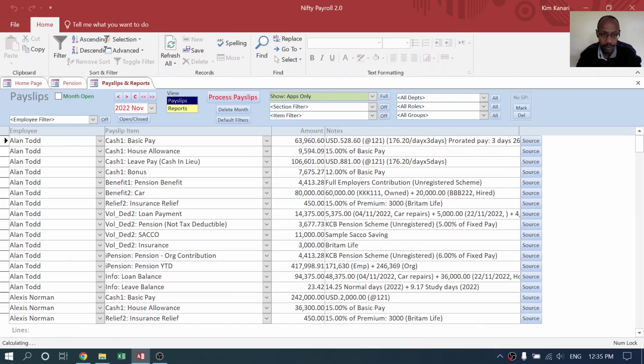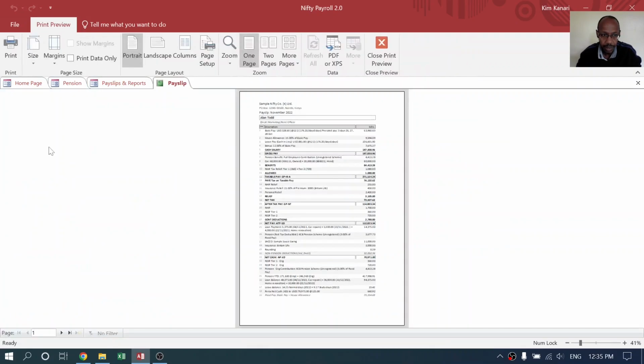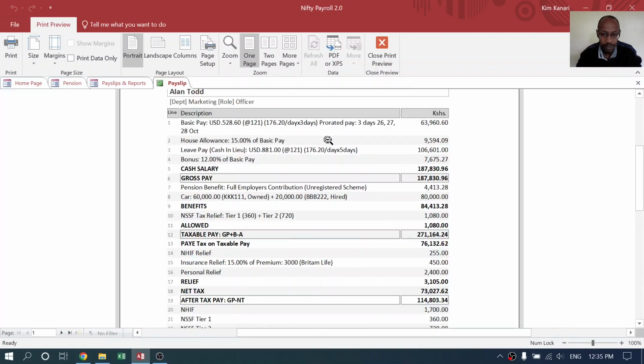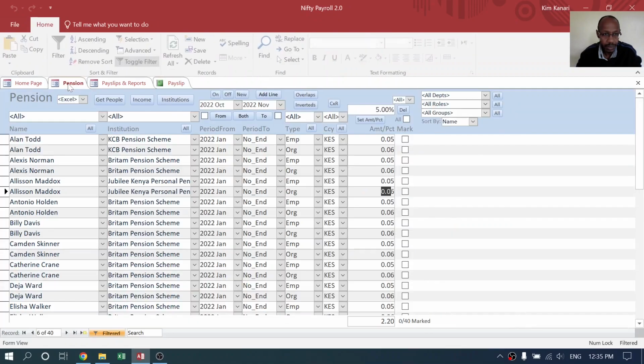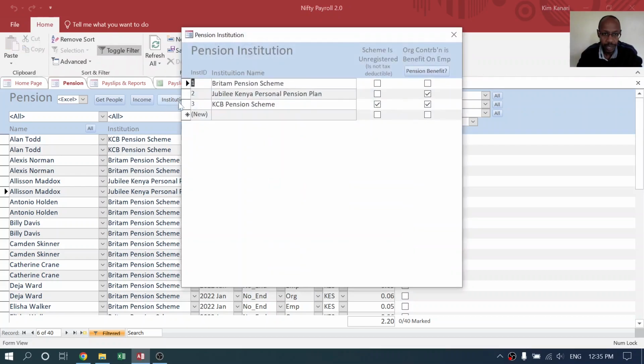We go to payslips, and we're going to look at the actual payslip so you can see how the entries go in. Now, the way the information is processed depends on what you indicate should happen for the specific institution that has been selected. So if we open the institutions, we have these 3: Britam, Jubilee, and KCB.